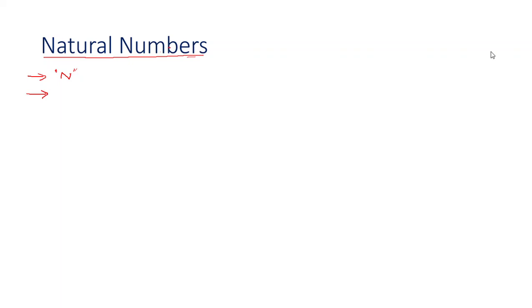What are natural numbers? They are a set of positive numbers. So where does the set of positive numbers start? They start from 1, 2, 3, 4, 5 and so on. These are all positive numbers.